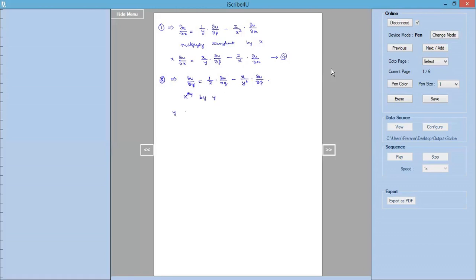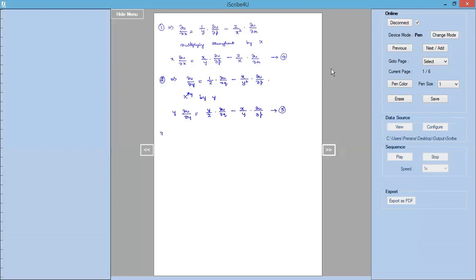So we get y into dou u by dou y is equal to y by z into dou u by dou q minus x by y into dou u by dou p. We are multiplying throughout by y to get this equation. I'll call this equation 5.